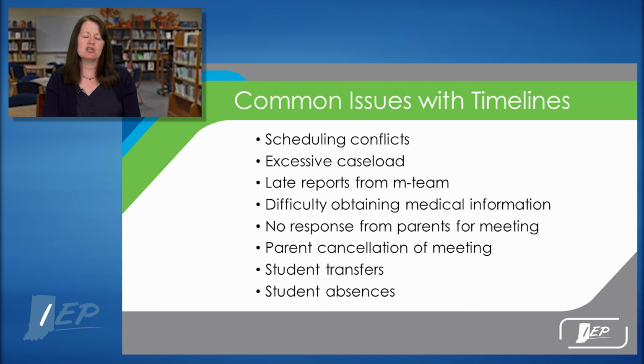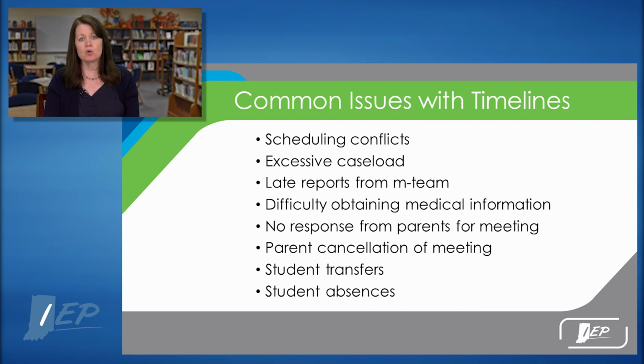So some common issues that we tend to have with timelines, things that can push us up against that deadline or sometimes have us fail to meet the deadline. Scheduling conflicts, whether it's scheduling a case conference, scheduling time to meet with a student. For those of you who are testing high school kiddos, always check to see whether they go to maybe a career center.